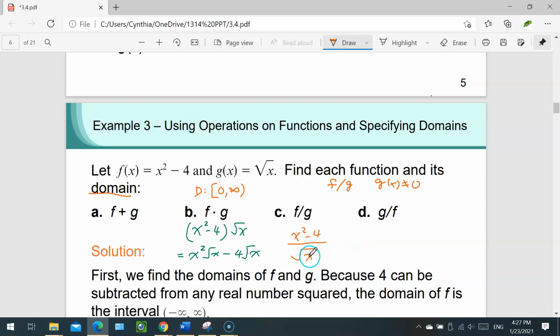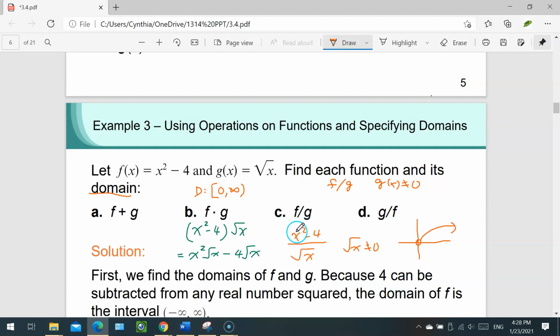If you look at the denominator here, we have the root x, and we cannot take 0, right? So the square root x cannot be equal to 0. That means for the radical function, our beginning point is no longer bracket 0. We have to change it to open 0, open 0 and go to forever.